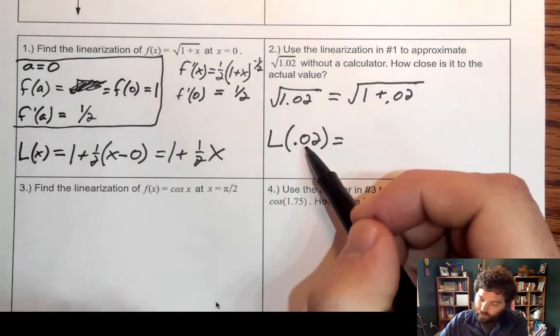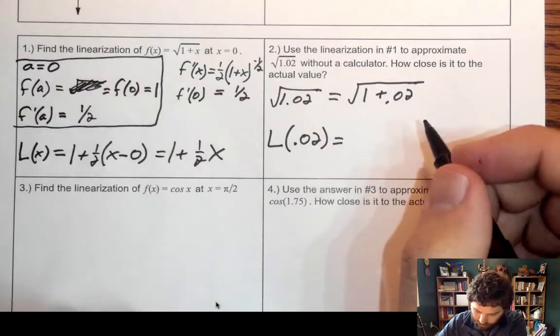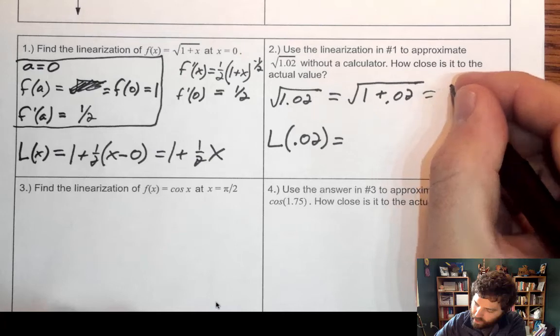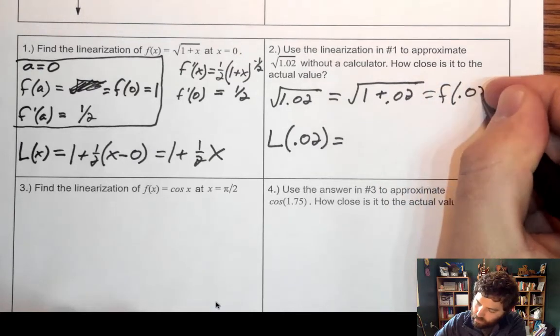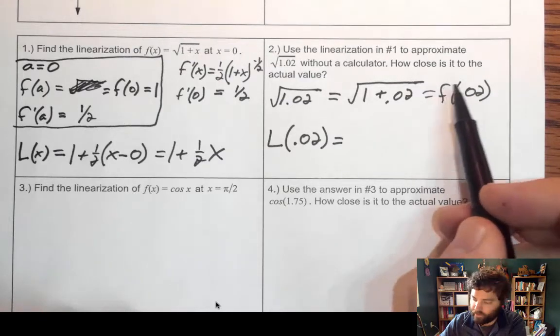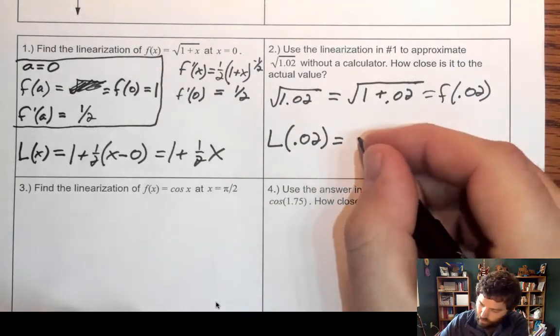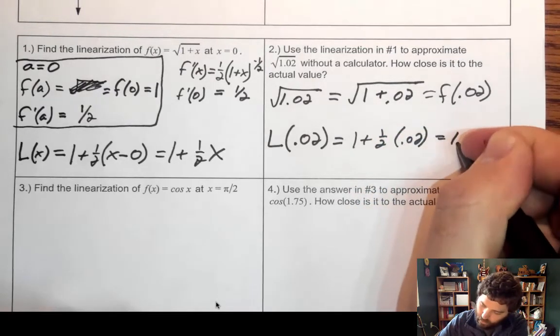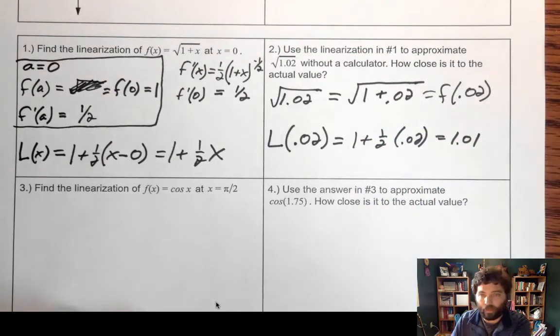So I'm going to plug 0.02 in here. By the way, this would be equivalent to f of 0.02. So I plug in 0.02, I get 1 plus 1/2 times 0.02, and I get 1.01, okay?